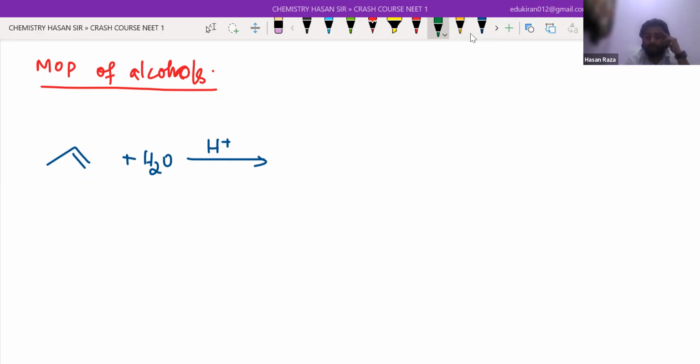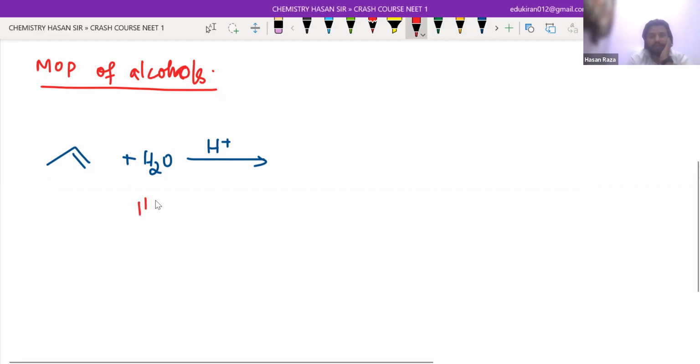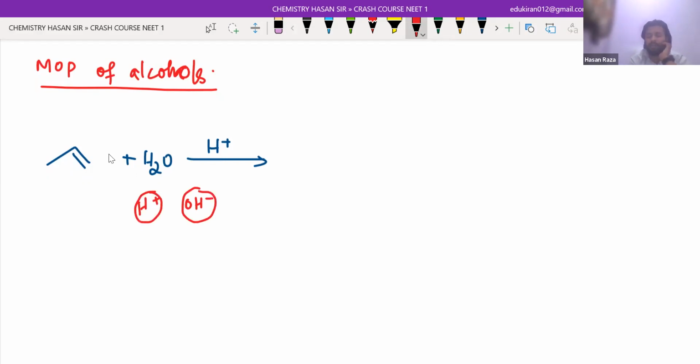It is propan-2-ol. See, there will be formation of two things, H plus and OH minus. Both of them will go across the double bond. So what we need to know is that this follows Markovnikov.